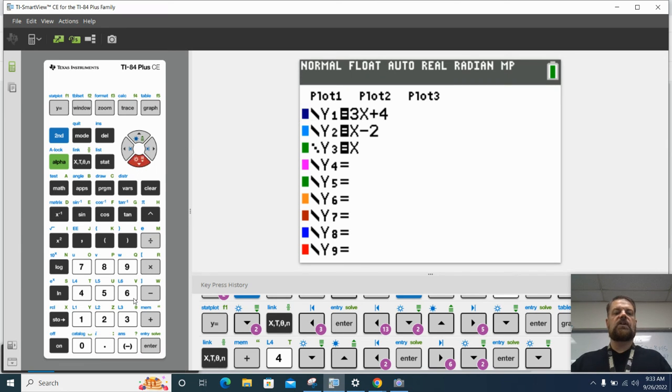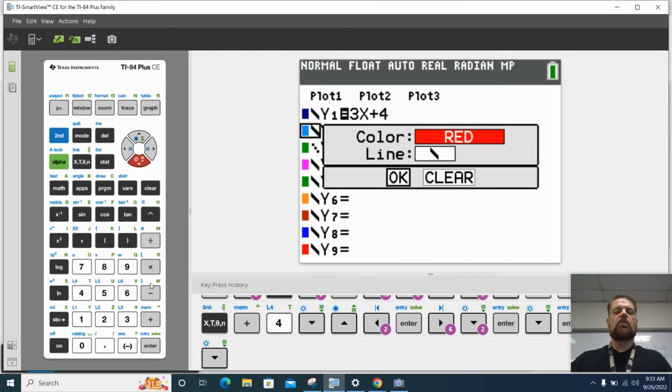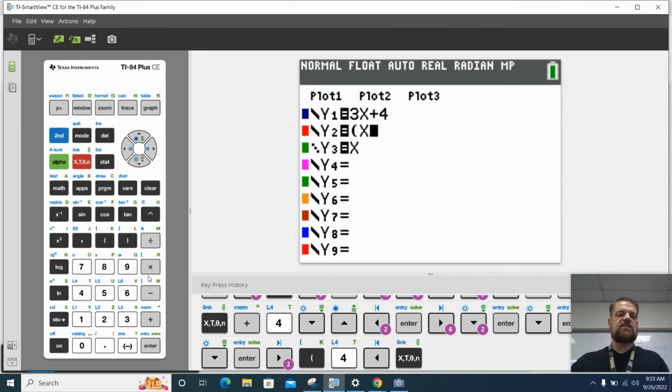And then let's do the other one to red, right? Okay. Now leave the y equals x green. Okay. But what was that inverse function again? Remember to put the numerator in parentheses. So I'm going to do x. Oops, that's not x. X minus 4 divided by 3, right?